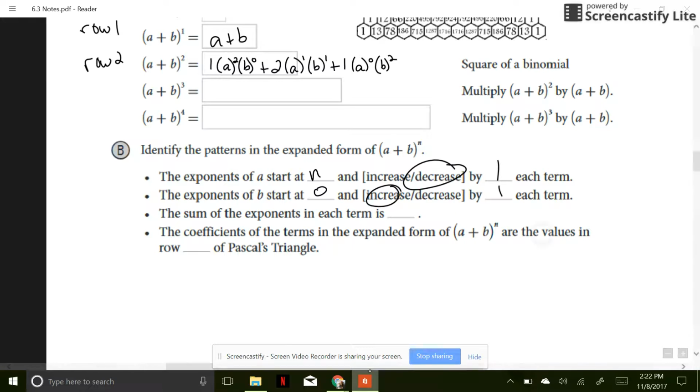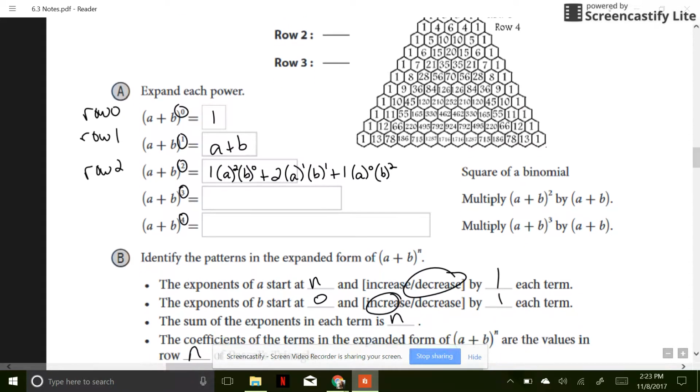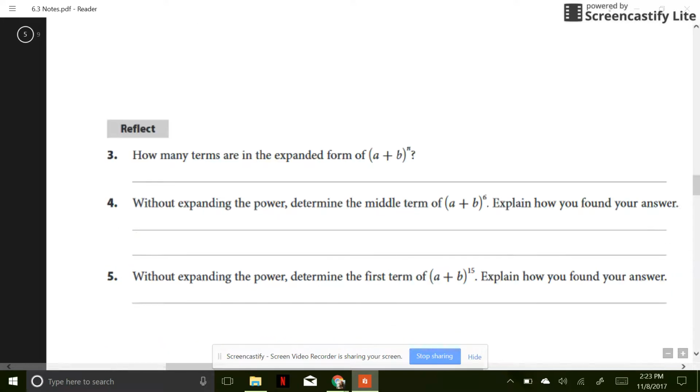So if you add up the exponents each time, they should add up to whatever the power is on the expanded form that you're looking at, n. So the coefficients of the terms in the expanded form are the values in row n of Pascal's triangle. So you look at the power that you're trying to expand, and you look in that row to find out what the coefficients are. It's kind of easier to see it worked out here.